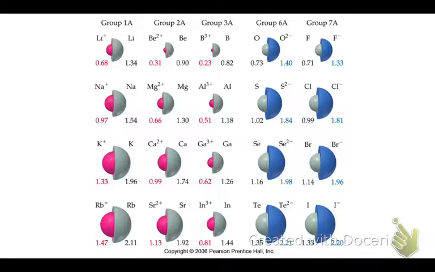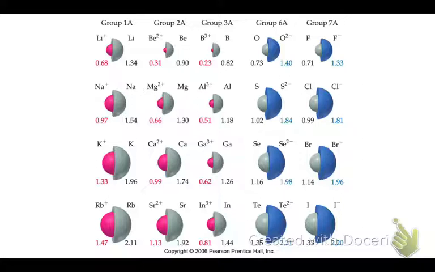The yellow here represents the potassium cation, while the gray portion represents the neutral potassium, okay? The yellow here represents the magnesium cation, while the gray represents the neutral magnesium, and so on.